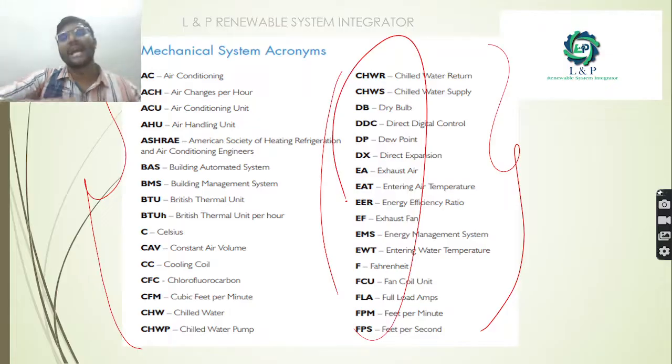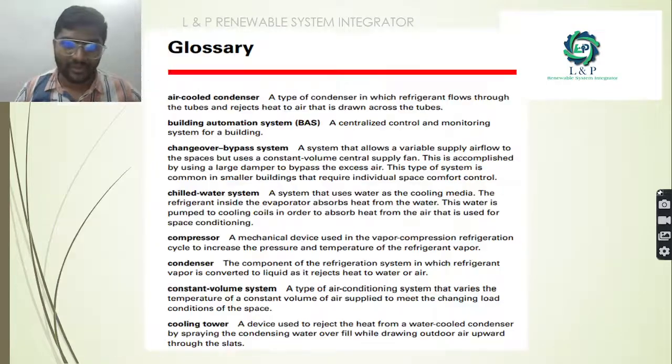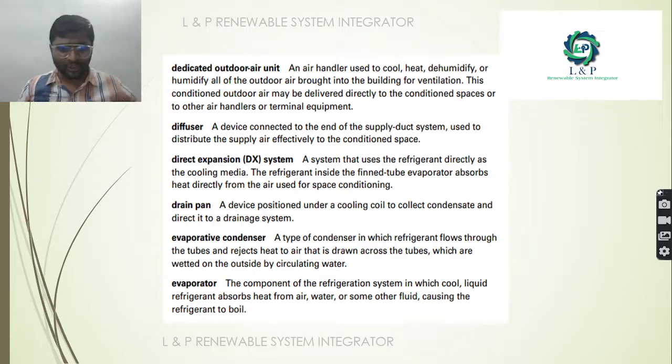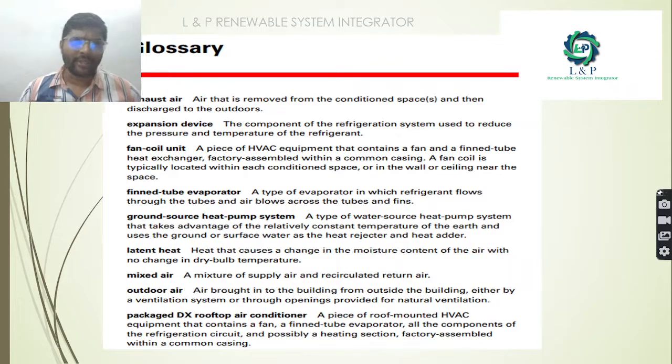So what is the acronym and the expansion of the short forms that we have used, and also in our discussions we might be using many terminologies, for example air cooled condensers, building automation system, compressors, condensers, cooling towers, diffusers, direct expansion unit, drain pan, evaporator. When you have any doubt while listening to the video, you can refer to the glossary part so that you will get clarity about the equipment that we are going to discuss.